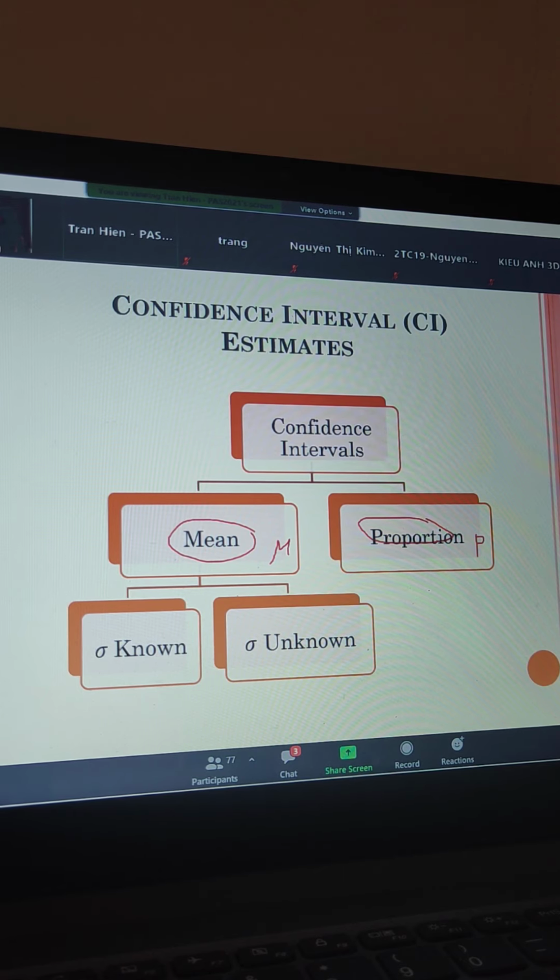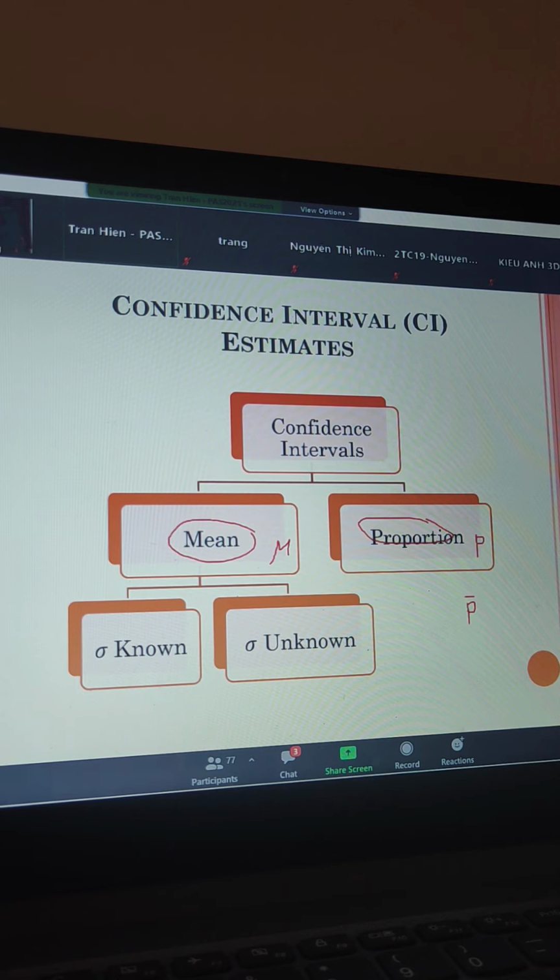The first one, estimate the mean when you know the standard deviation of the population. The second, you can estimate the confidence interval of the population mean when the standard deviation of the population is unknown. And for the last one, we will use the proportion of the sample to estimate the proportion of the population.